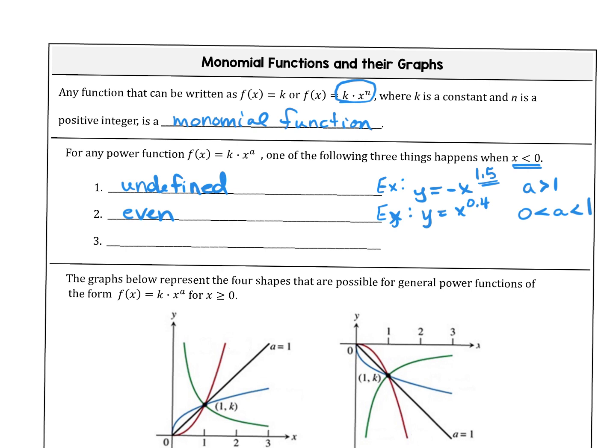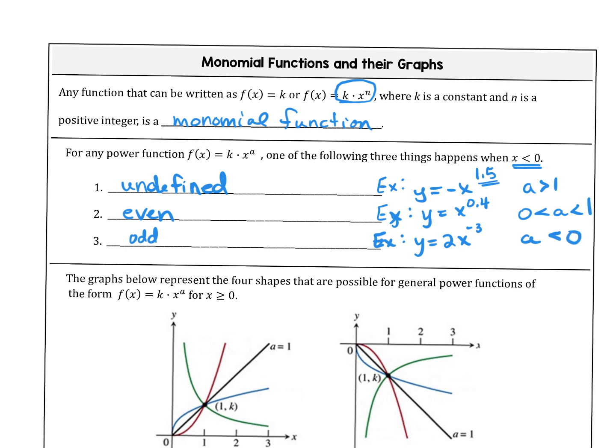So if it is either a decimal or a fraction that's between 0 and 1, that means it's a positive fraction, doesn't it? Or it is going to be odd if, for example, y equals 2x to the negative 3, if a is less than 0.